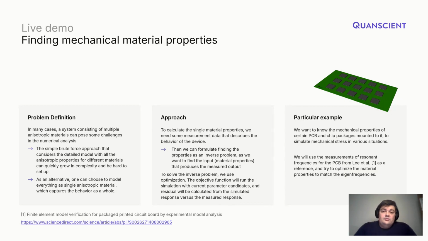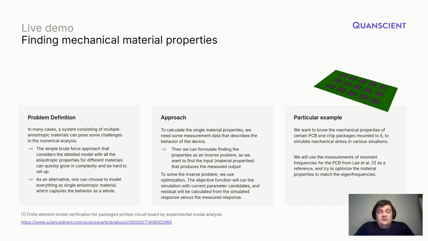In this particular use case, we are trying to find some mechanical properties of our materials. And why do we want to do this? Well, as many of you for sure know, the material properties in FEM simulation can be very critical.